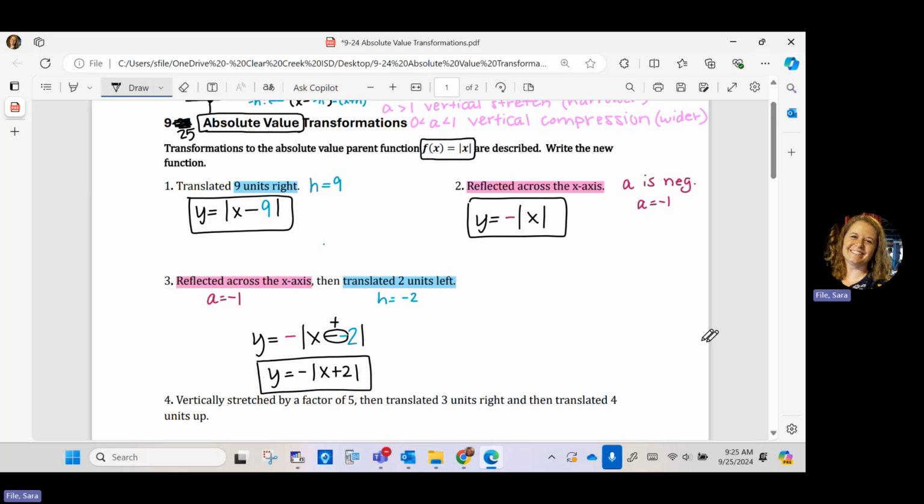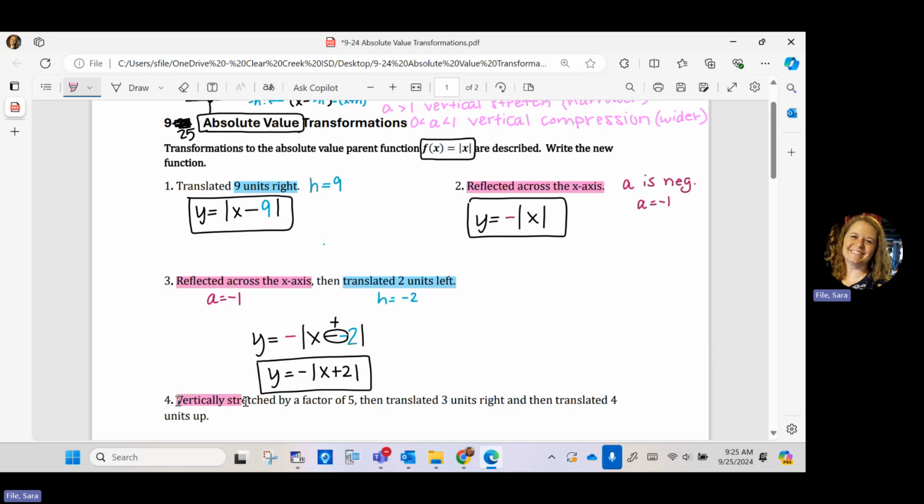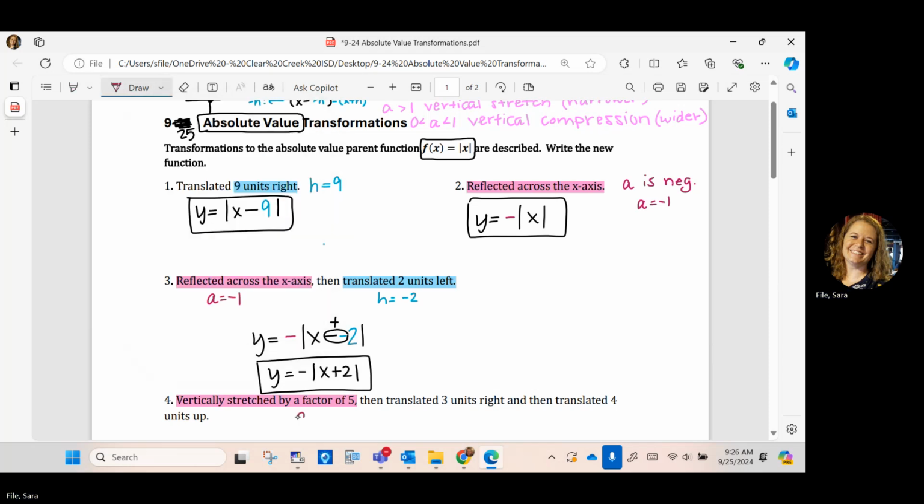Okay, number 4 says that there is a vertical stretch by 5. So that's our a value again, a vertical stretch or compression. That's our a. So a is 5. And we know it's greater than 1, so it's a vertical stretch. a is greater than 1.